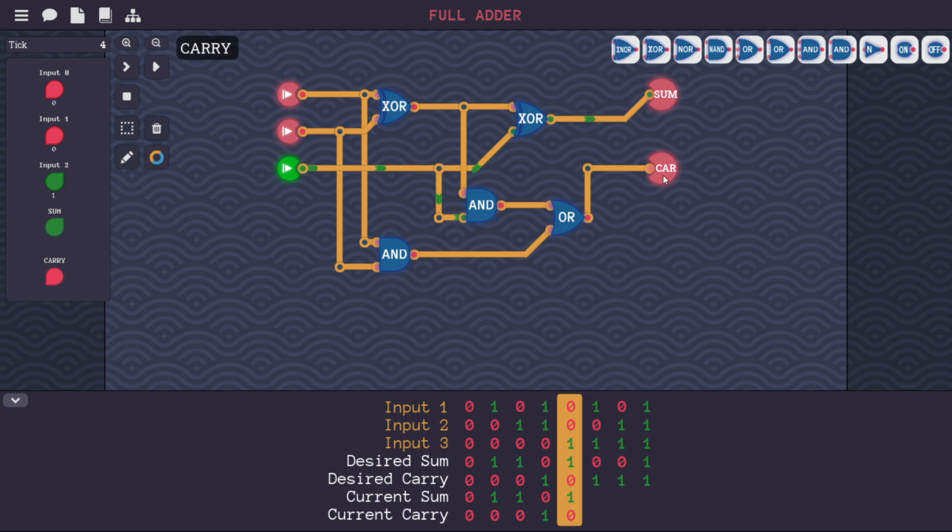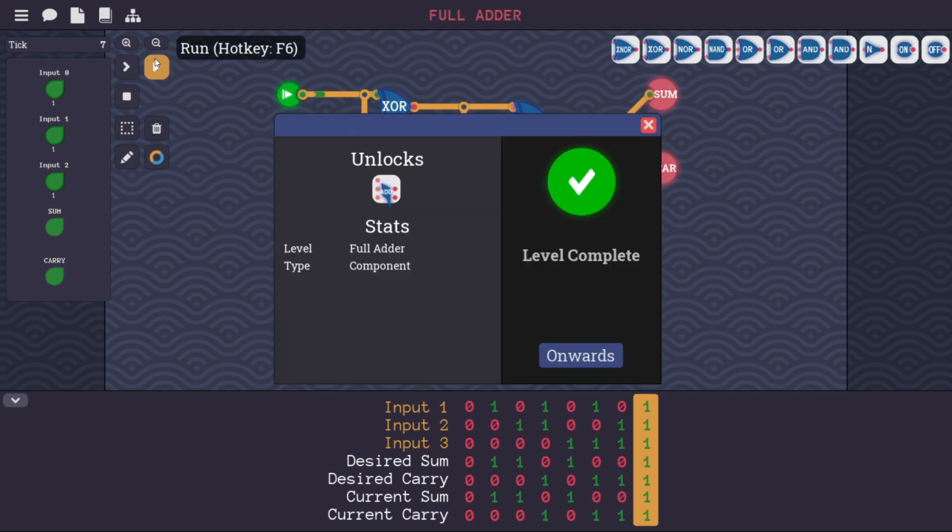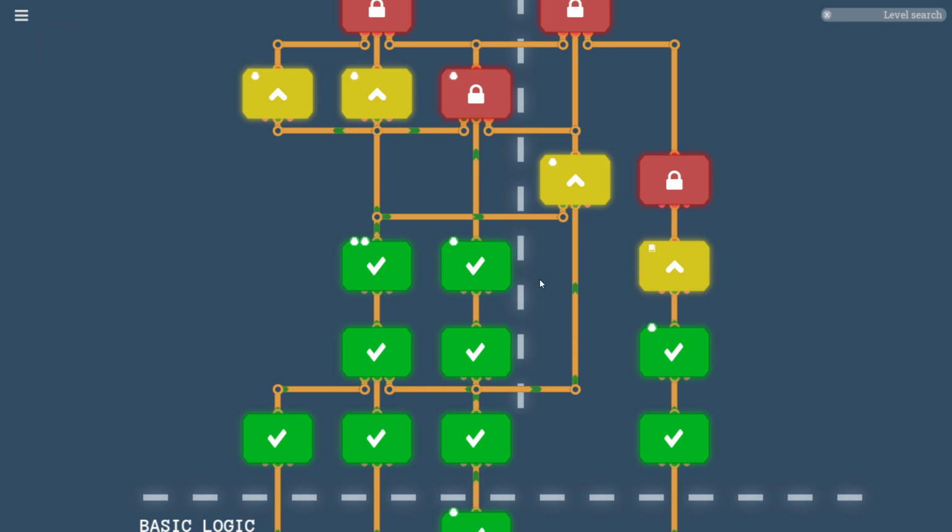So yeah, now we are given a new component that's a full adder. It says that the adder adds 3 bits and outputs the sum and carry. That's exactly what we implemented here.